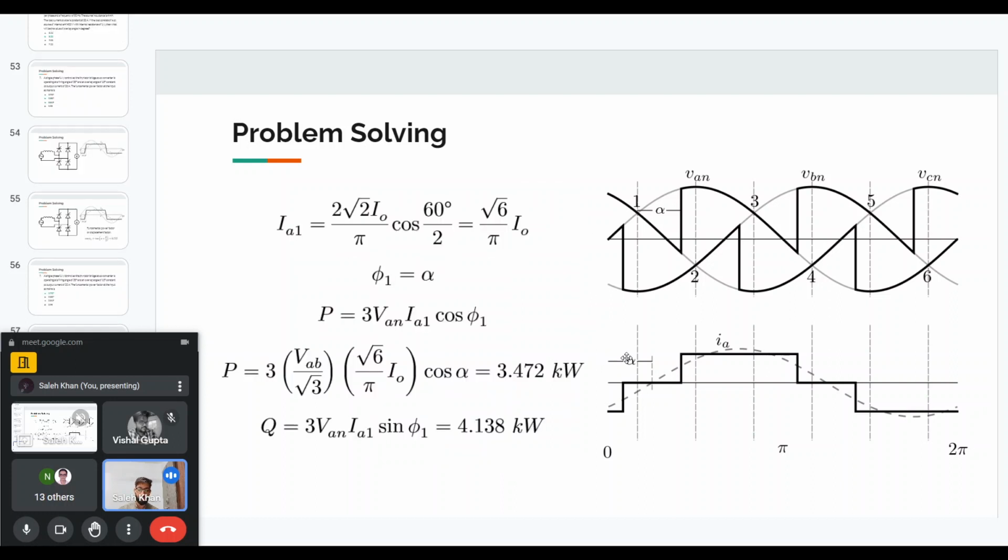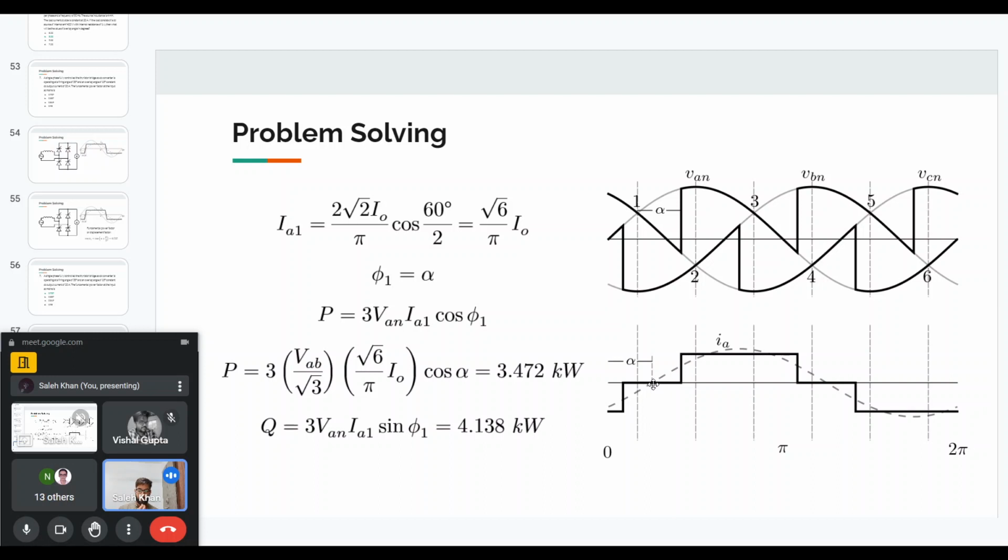So now the question is asking about the active and reactive powers. As I mentioned, it's a quasi square wave current, and you can find the RMS of the fundamental of the quasi square wave current. It will be given by this first equation, which is the A phase fundamental RMS, and the cosine of, in this case, the 60-degree portion where the current is 0 divided by 2.